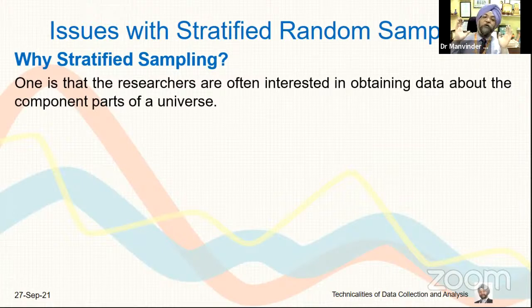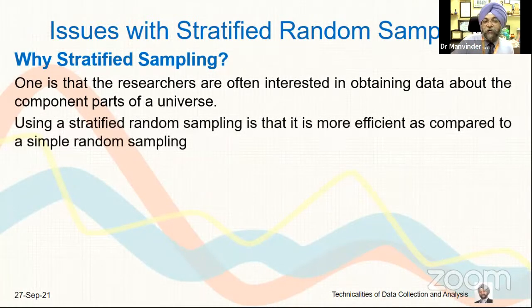If I take simple random sampling, I cannot distinguish between large, medium, and small stores. If I have to collect samples from large, medium, and small, what I have actually done is stratify them, and accordingly we will be collecting the sample.